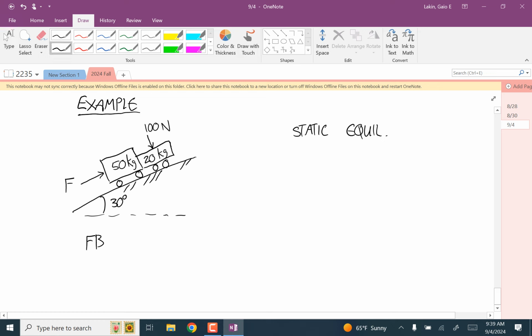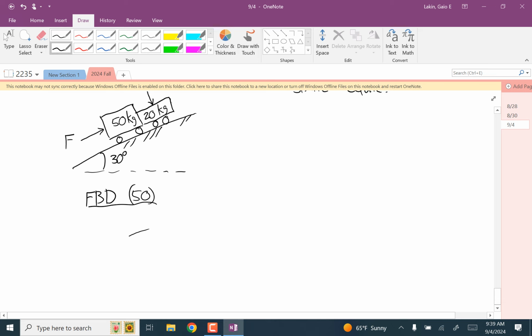So free body diagram of the 50. We have a weight force down of 490.5 newtons. We have a pushing force from the ramp, I'll call that N50.